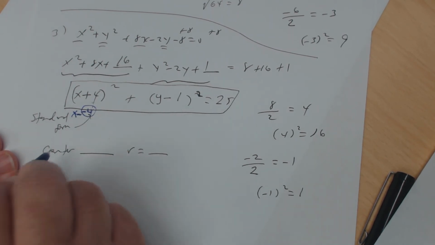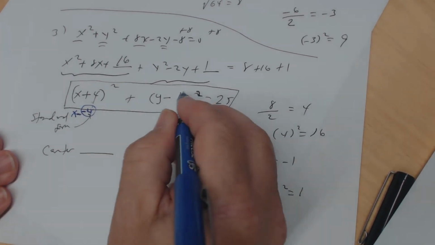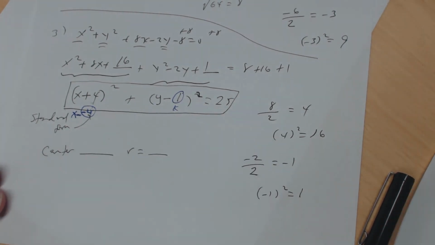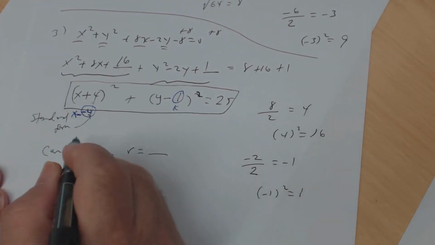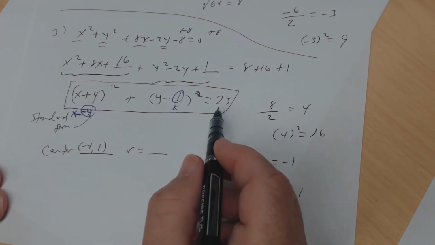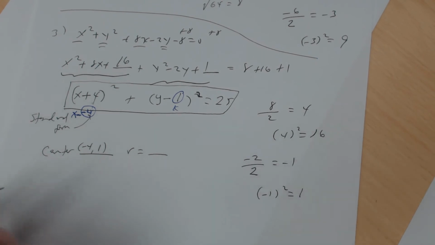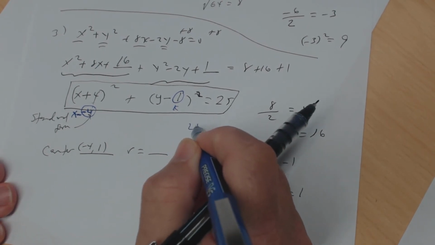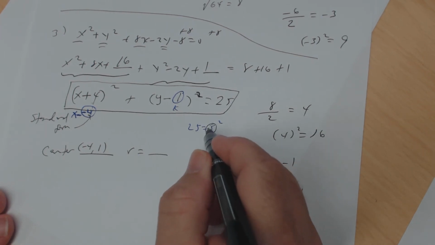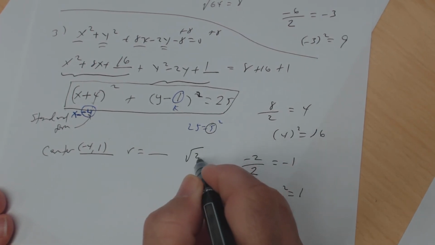Your h is negative 4. And this is already y minus, so your k is positive 1. All right, so my center is negative 4 comma positive 1. And my radius, remember, the right side is 25. If you want to think about that, 25 is 5 squared. So the 5 is your radius. Or you can just take the square root of 25.